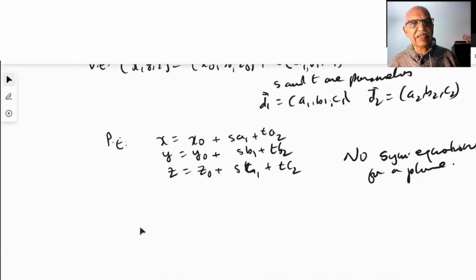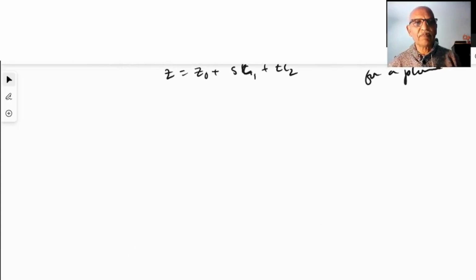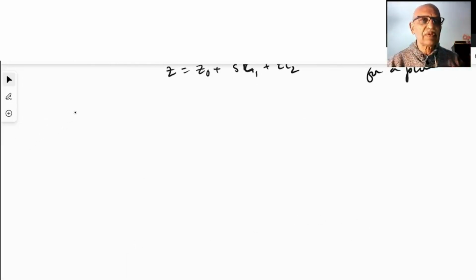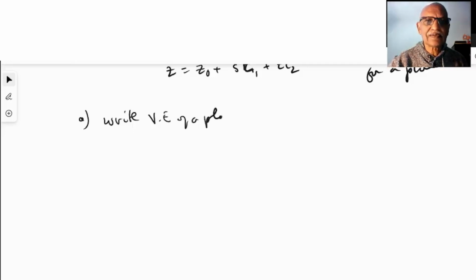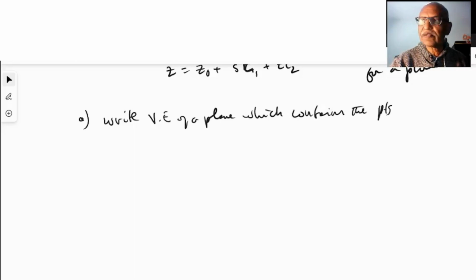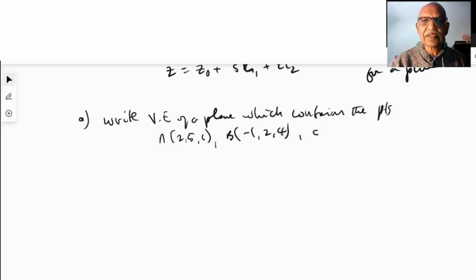Okay, so let's see an example of this too. Write the vector equation of a plane which contains the points A(2, 5, 1), B(-1, 2, 4), and C(3, -1, 5).